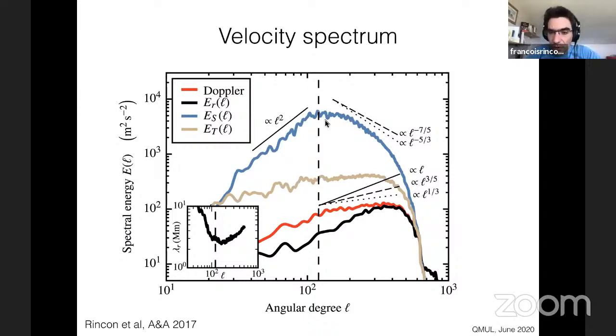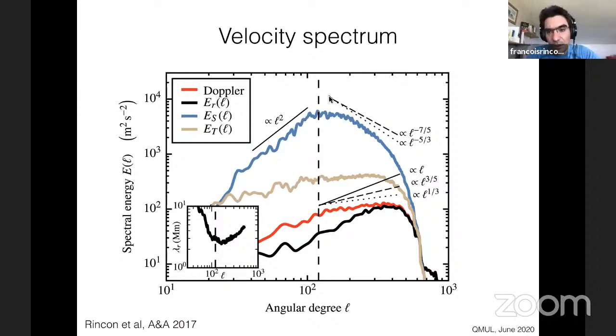And this was not very clear with previous observations like those done with SOHO, because depending on how people used to analyze these curves, the Doppler signal, people could not decompose between the horizontal velocity field and the vertical. And so if you just look at the Doppler, you see that it's much harder to see a peak here, especially if you zoom in on the central region where the horizontal component of the flow is almost perpendicular to the line of sight.